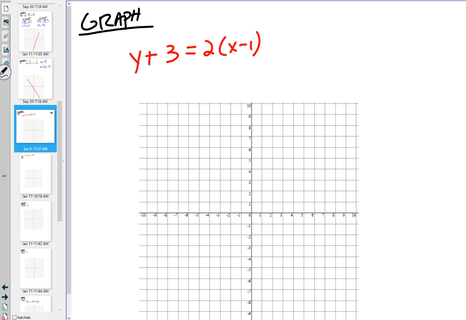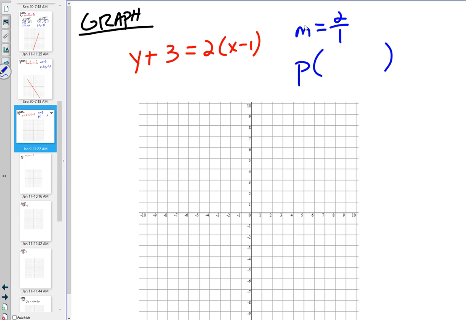Where do you find the slope in point slope? In front of the parentheses, this slope is 2 over 1. Where do you find the point? The x of the point you find in the parentheses. Remember that negative in the formula? What that negative really causes is you have to change the sign.